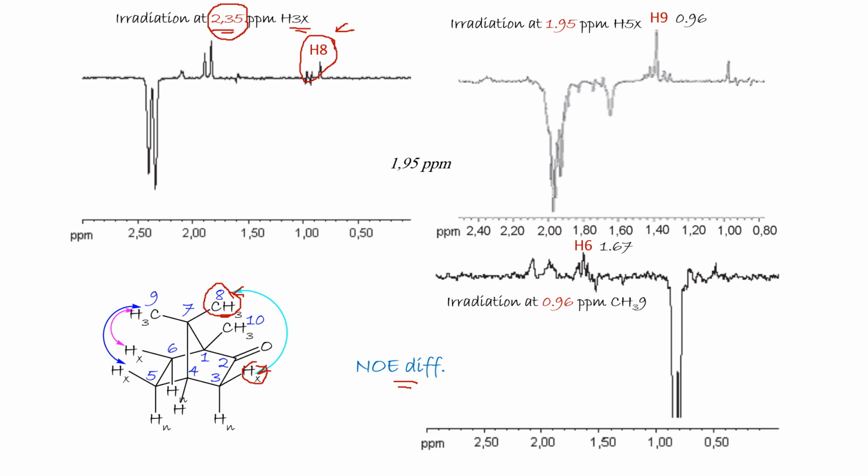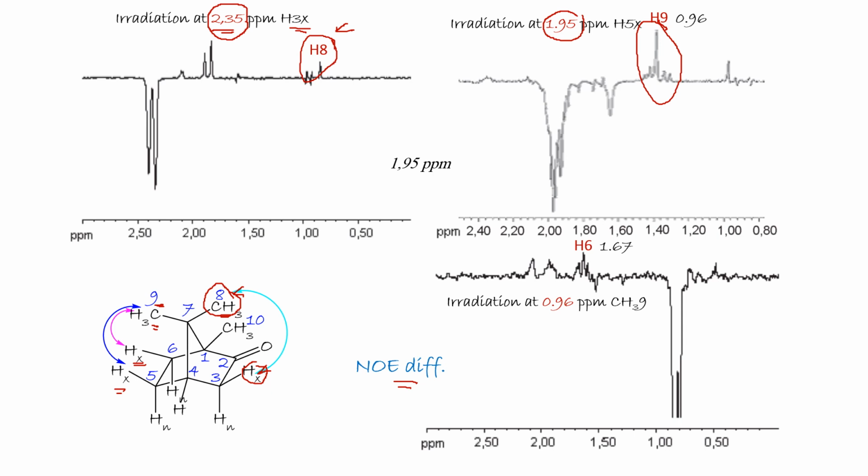Then we irradiate at 1.95 for H5X. If we irradiate on that, we enhance H9. So that's the position of H9. Now if we irradiate at H9, we enhance H6X, right?